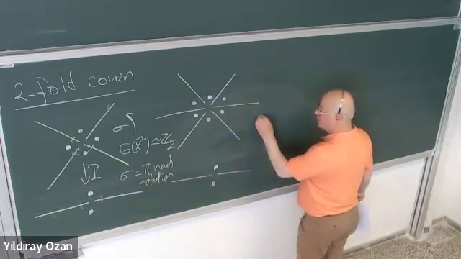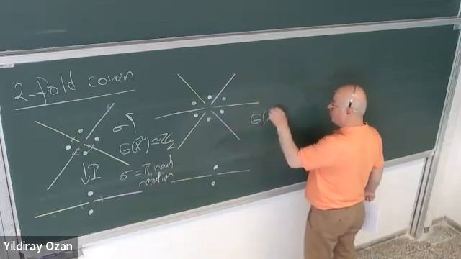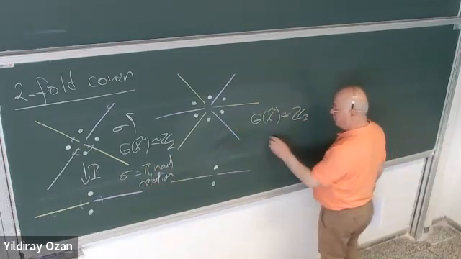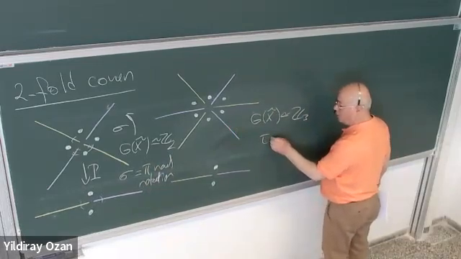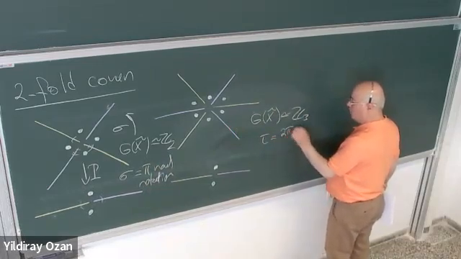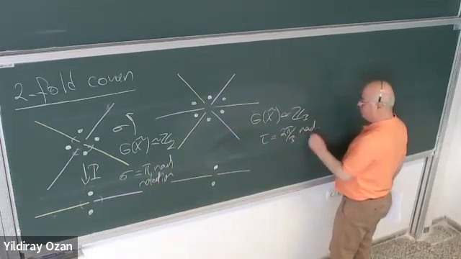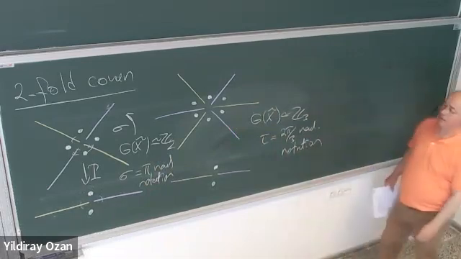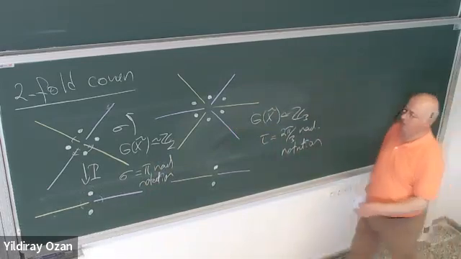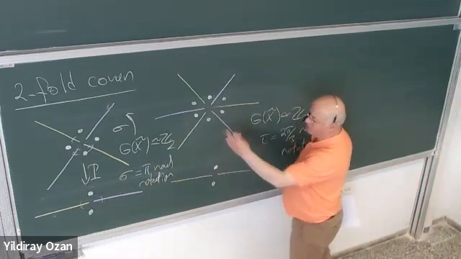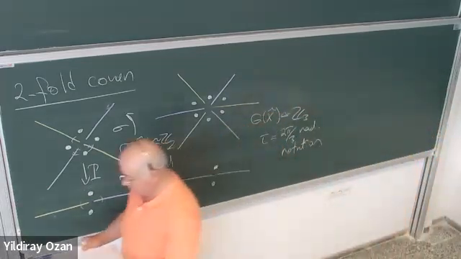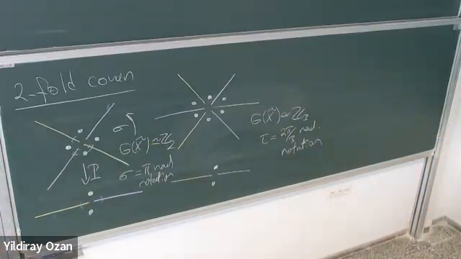And here the deck transformation group is isomorphic to Z3, and it is generated, let's say, by tau, and this is just a 2 pi over 3 radian rotation. And you see that you can just repeat this for any integer. So that's the covering spaces.